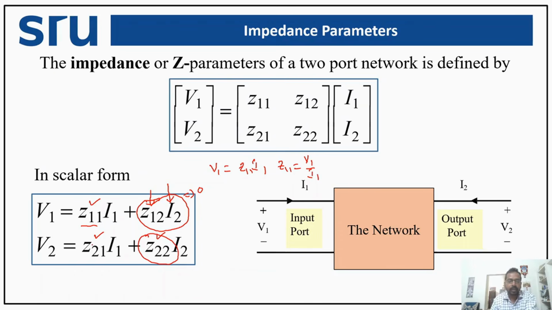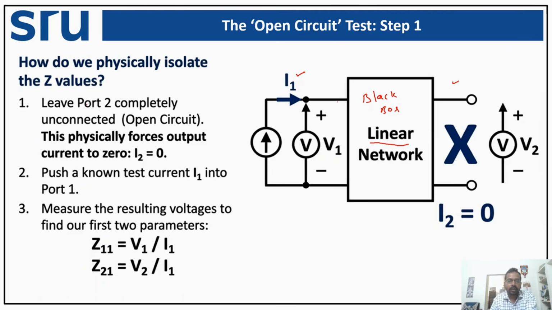As a result, we will be able to compute Z11 and Z21. So we are trying to leave port 2 completely unconnected, that is, we are trying to open such a circuit. So this physically forces the output current I2 equal to 0. So we try to find the I1 current which is pushed inside port 1. So once we measure this I1, and if we measure V1 and V2, that is the voltage across these two terminals and the voltage across these two terminals, we will be able to compute Z11 and Z21.